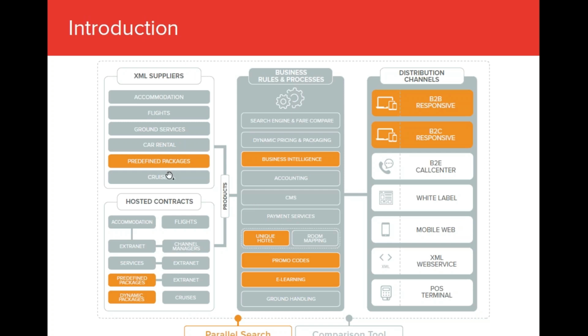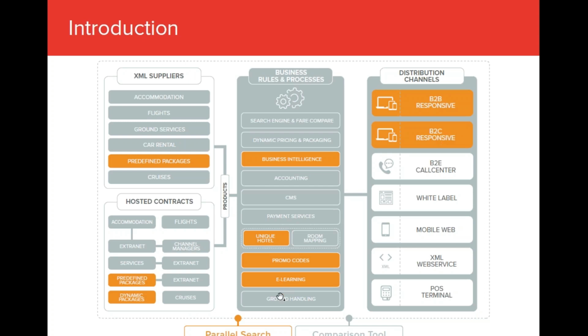Those are predefined packages as well as dynamic packages, our module of business intelligence, unique hotel that will also be very relevant for the topic we'll be covering today, promo codes, e-learning, and obviously our website, both in B2B and B2C in the responsive versions.